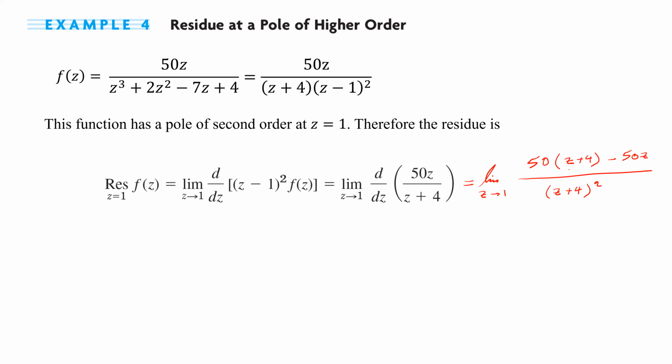Now this 50z and this 50z cancel, so it becomes 200, 50 times 4, over z plus 4 squared, evaluated at z equal to 1. So if you put z equal to 1, you get 200 divided by 5 squared, or 25. 200 divided by 25 becomes 8.